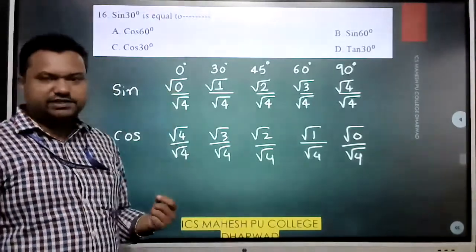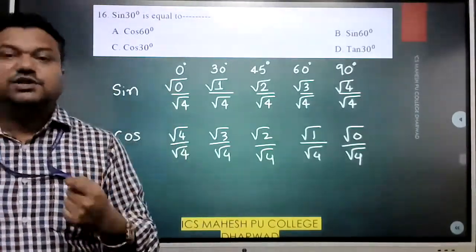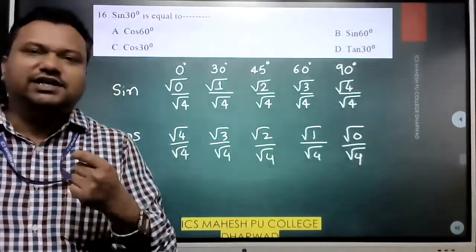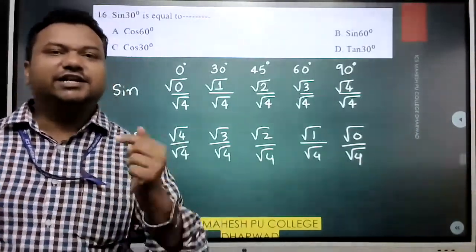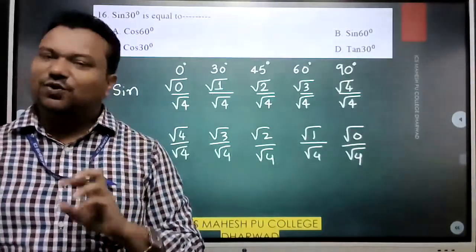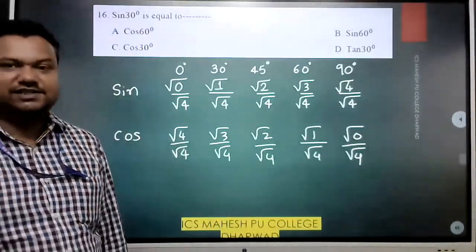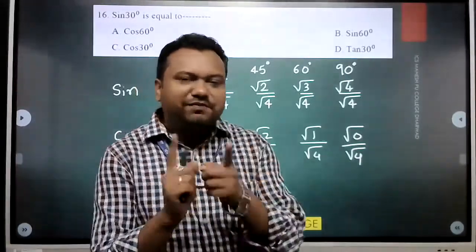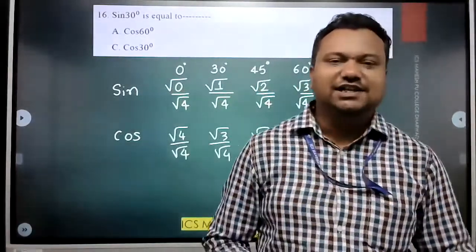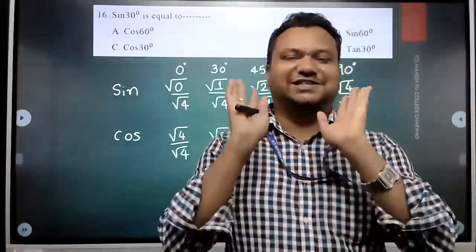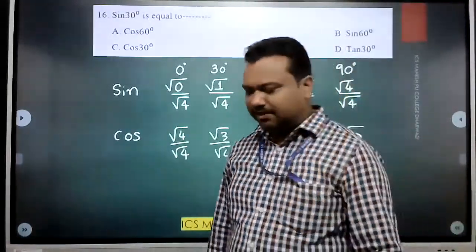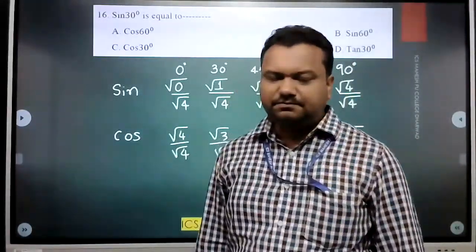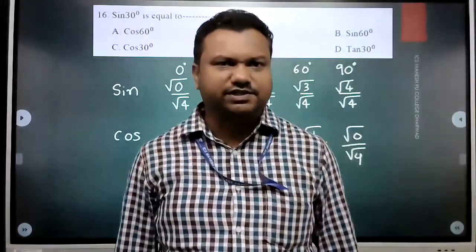So in this case, what is the question? The question is not about what the real value of sin 30 degrees is. The question is about sin 30 degree in terms of cos function. Now, what is the interesting thing? The friendship of sin and cos is such that they are always a complement of each other. They are best friends in trigonometric functions. Let me repeat.